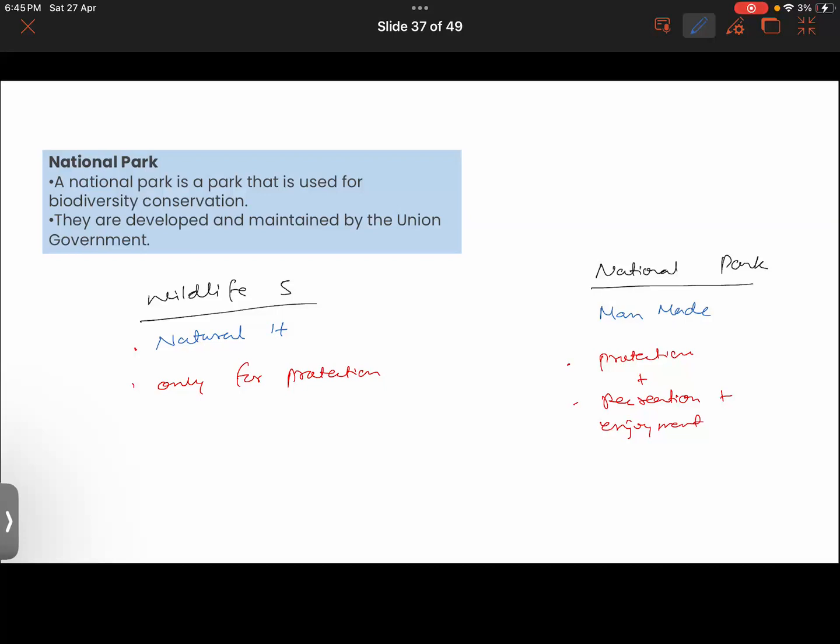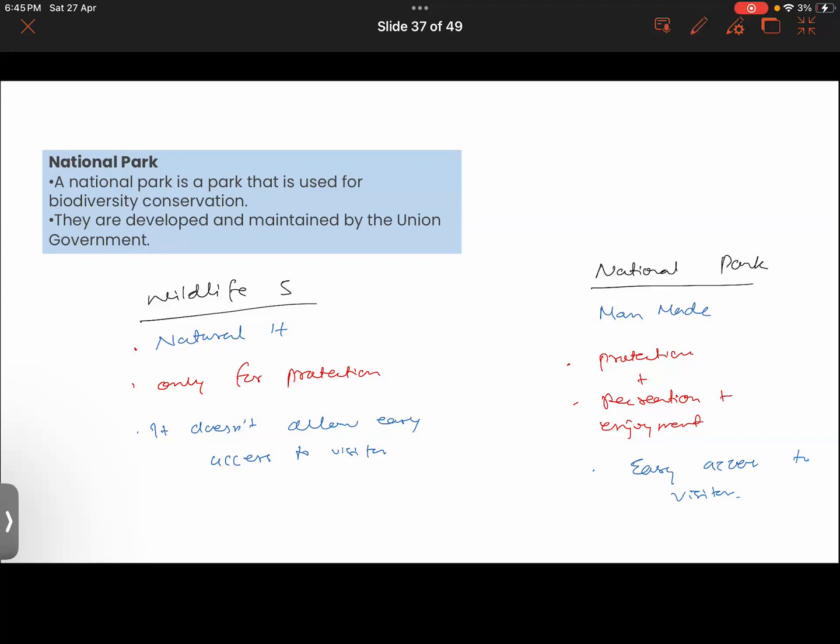So a wildlife sanctuary usually does not allow easy access to visitors, while a national park allows easy access for the visitors to the land and the wildlife inside it. So these were the differences. Easy access to visitors. Is that clear?